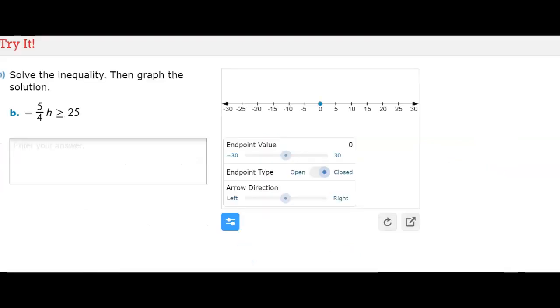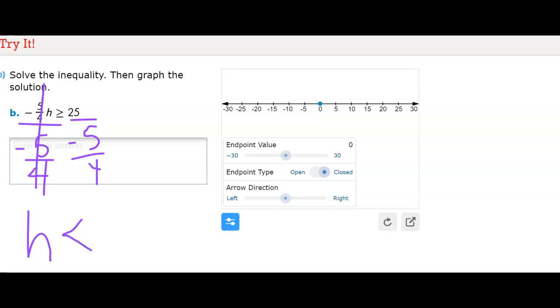And let's look at B. We have -5/4 times h is greater than or equal to 25. We're going to divide -5/4 on both sides. It's going to cancel out on this side. We're left with h.